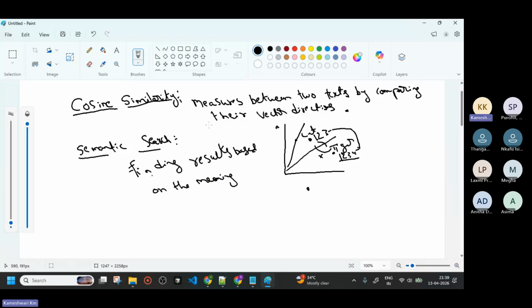Again, this semantic search uses cosine similarity only at the end. Behind the scenes, first it converts the entire query, for example, what is the capital, into tokens, and then the tokens are converted to embeddings.